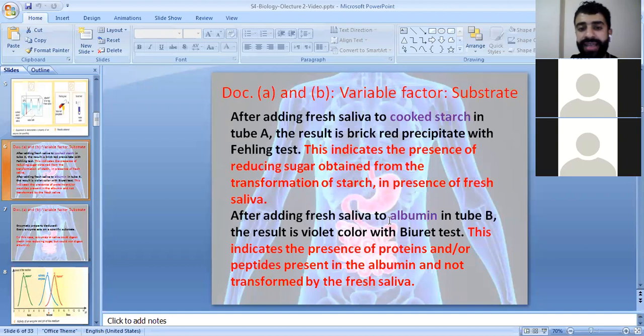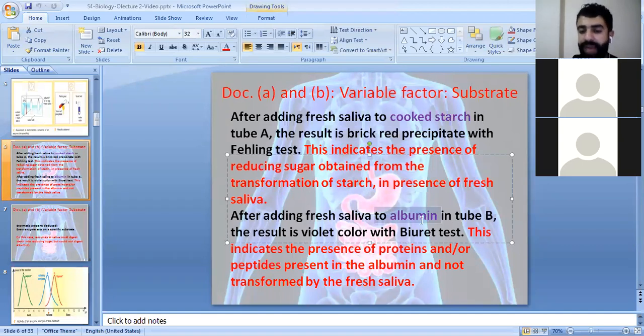While after adding saliva to albumin in tube B, the variable factor, the result is a violet color with biuret, meaning the presence of proteins and polypeptides in the albumin, and they are not transformed by the fresh saliva.